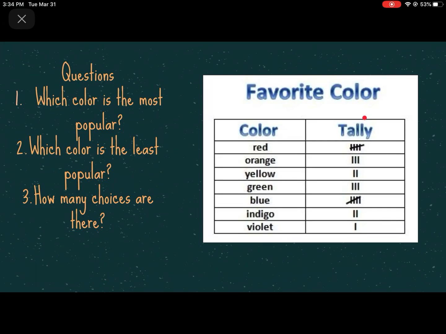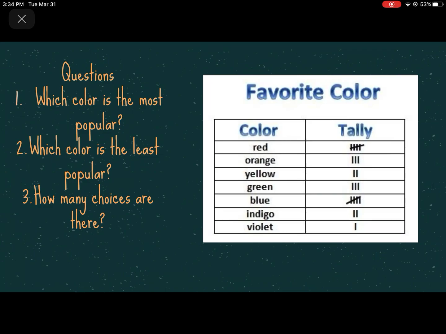Okay, so if we're looking here, we can see that red had 5 people. Now, I would suggest going through and writing next to it how many of each and counting up your tallies all at the beginning. That's a personal preference. I believe it does help you when it's time to answer your questions.